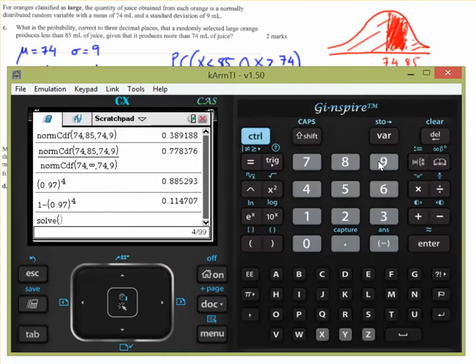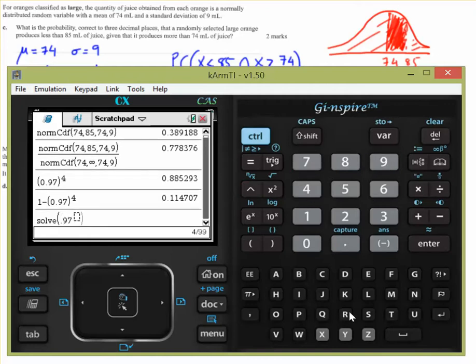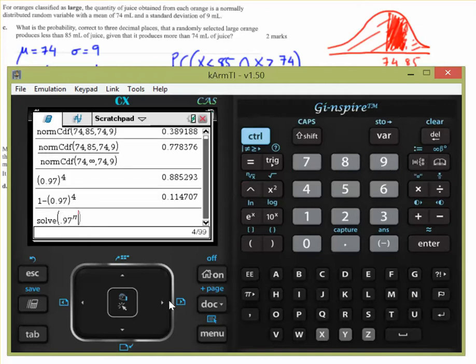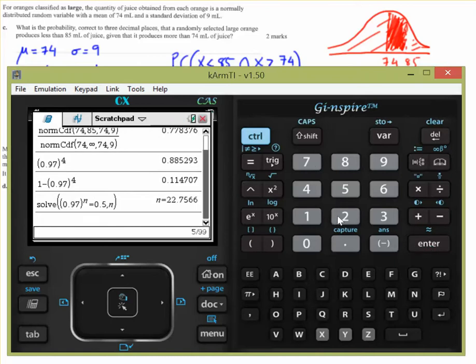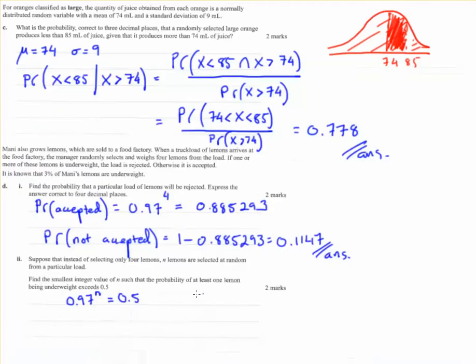We're solving for when 0.97 to the power of n equals 0.5. That gives us n equals 22.7566.